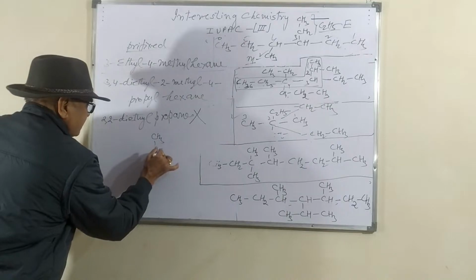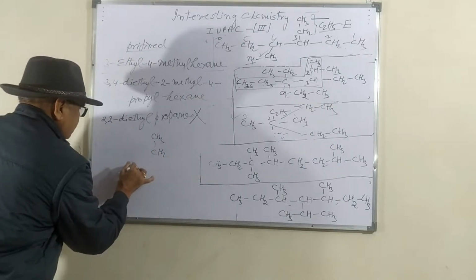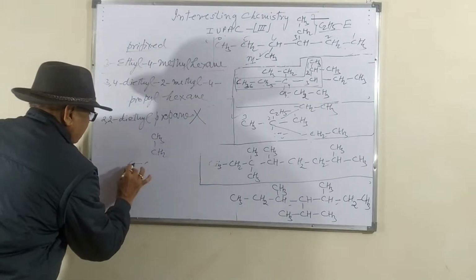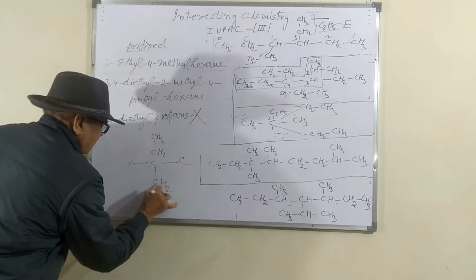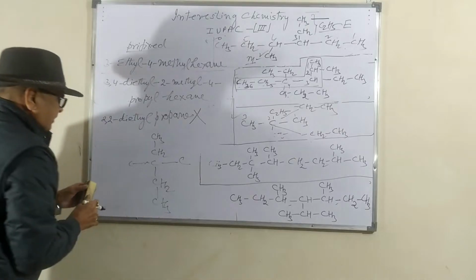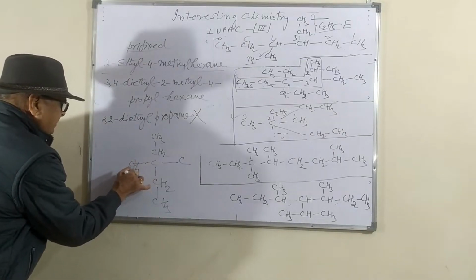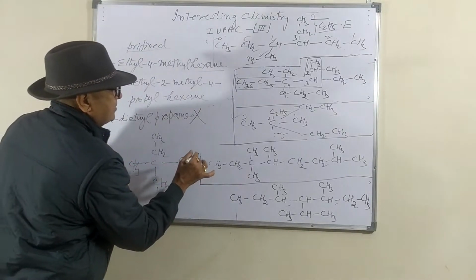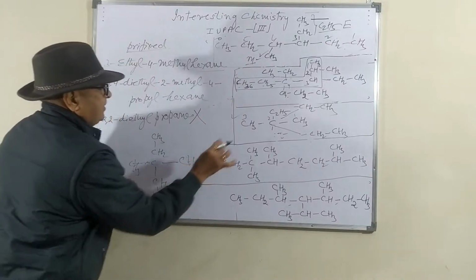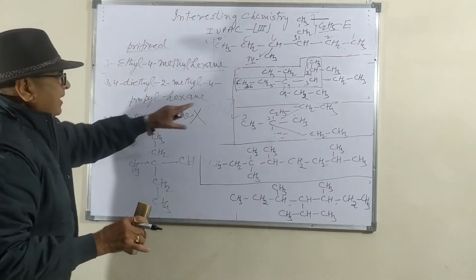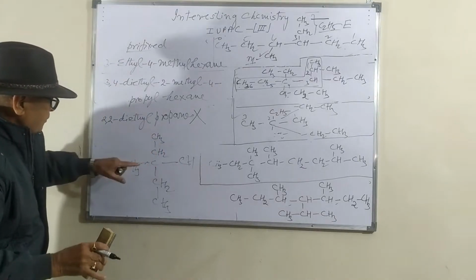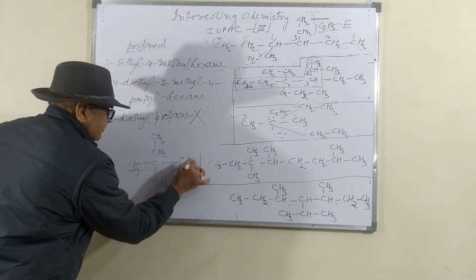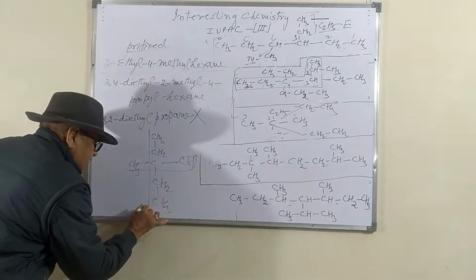This is our chain, with CH3, CH3 and CH3, and I write this C2H5 in the form CH2, CH3. So this will not be the longest chain. This will be the longest chain.